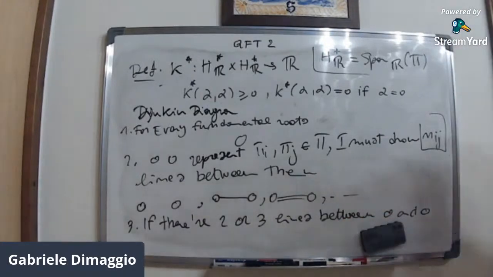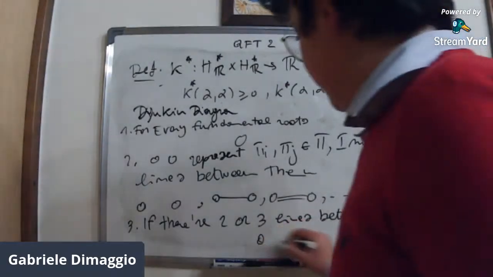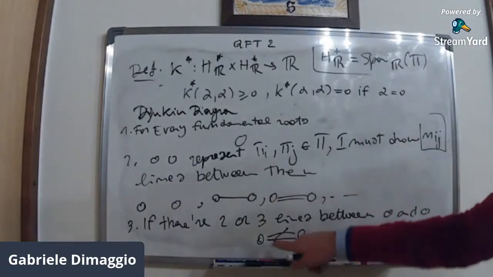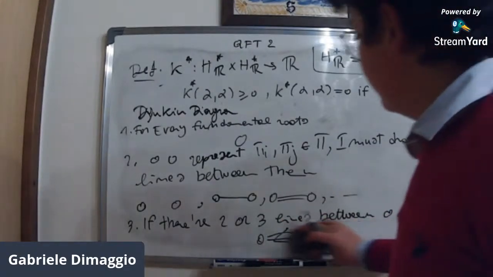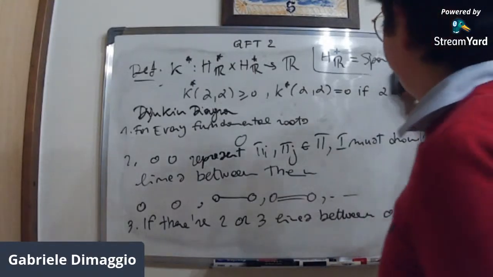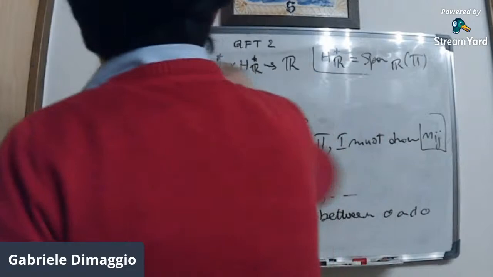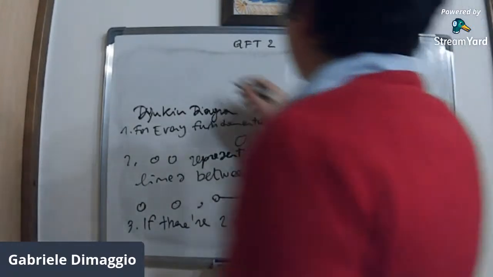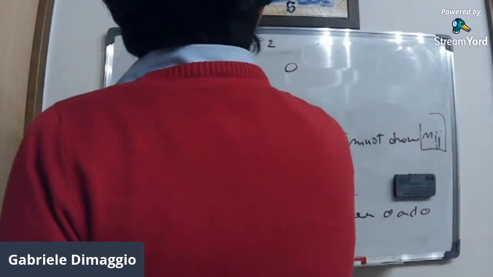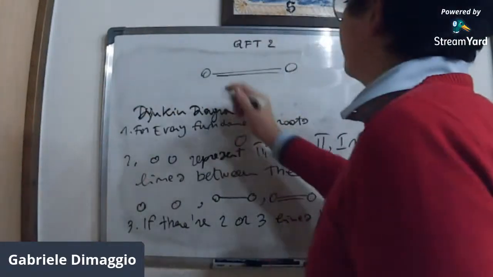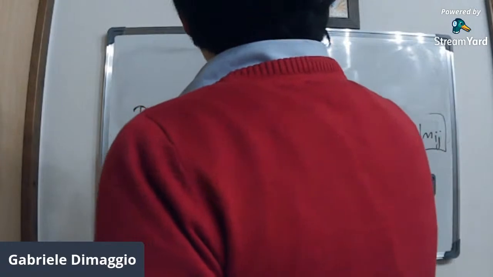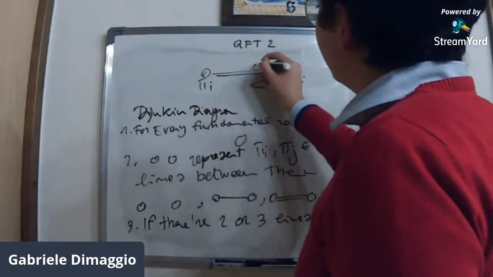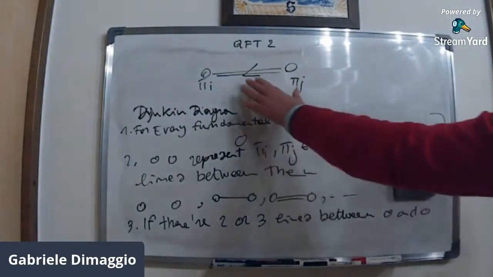For example, I have two circles and 2 lines, pi i and pi j, and if pi j is shorter than pi i, I put this symbol.